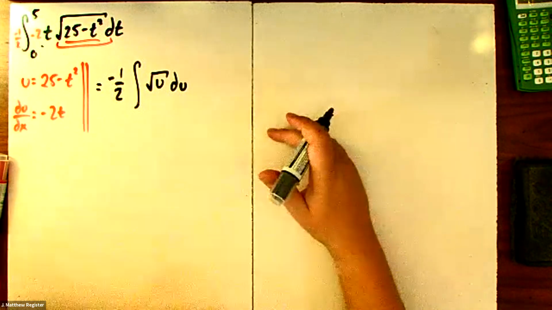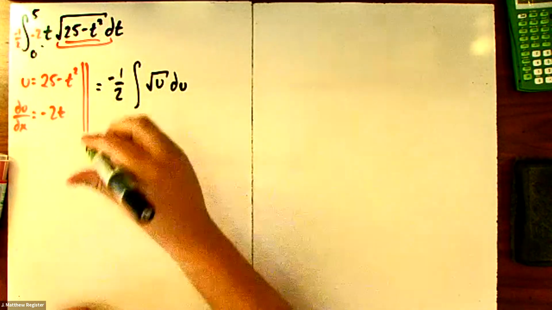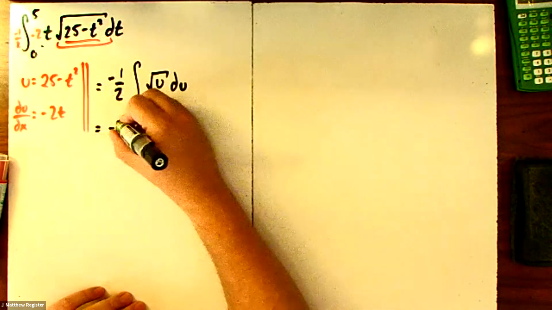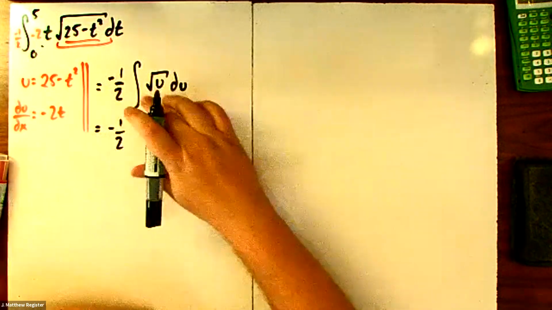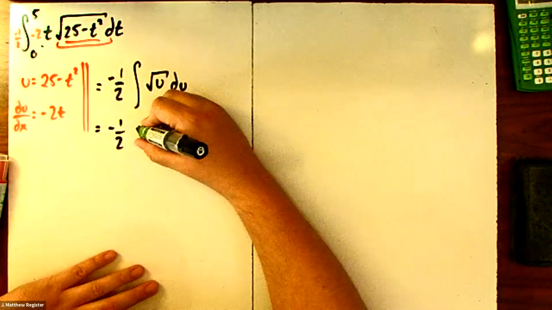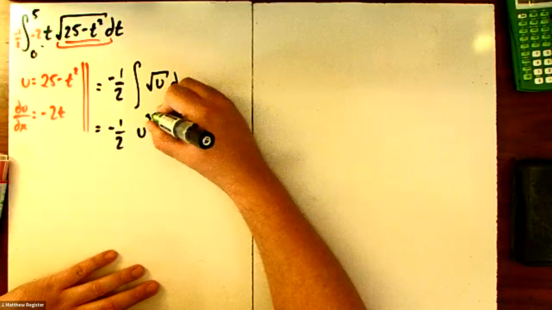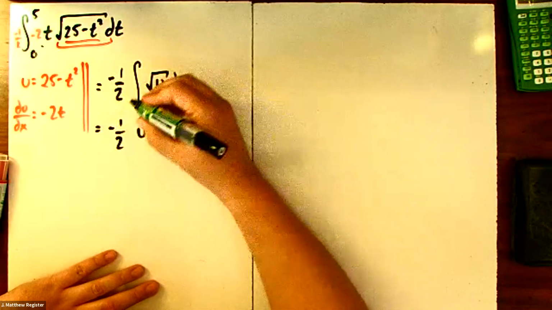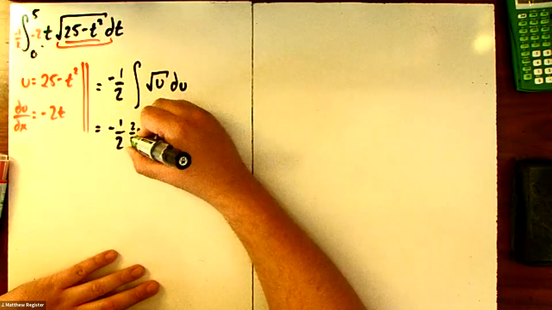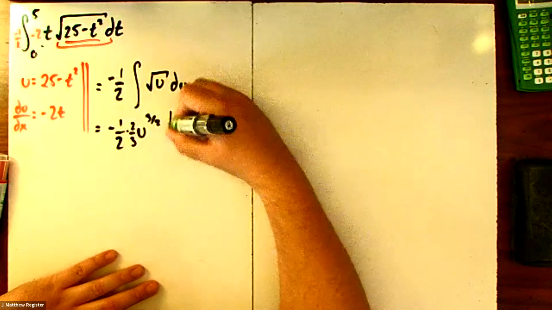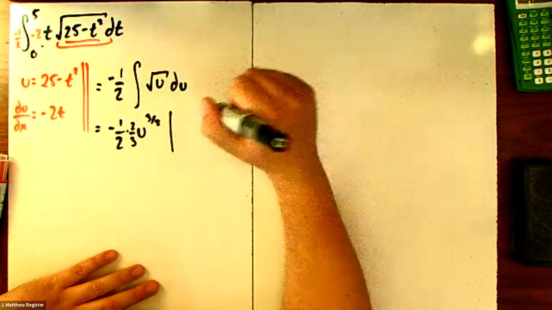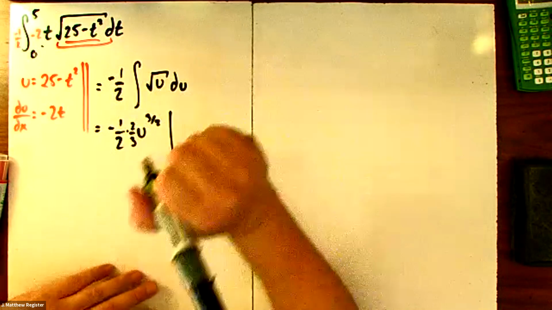And so integrating this now, we have the negative 1/2, and then it's going to be a u to the 3/2, but then we're going to need to multiply by a 2/3, which we've done before. And then we'll put the line here because we know we're going to need to evaluate it.